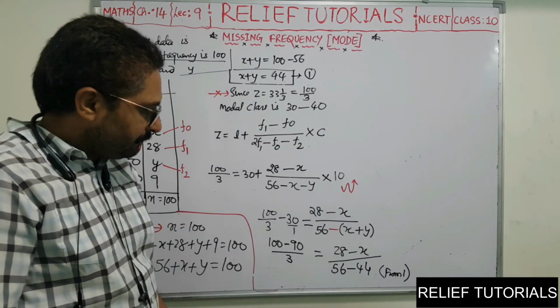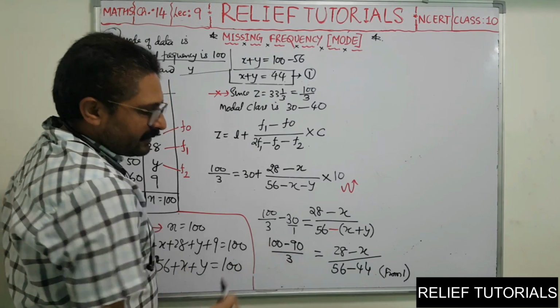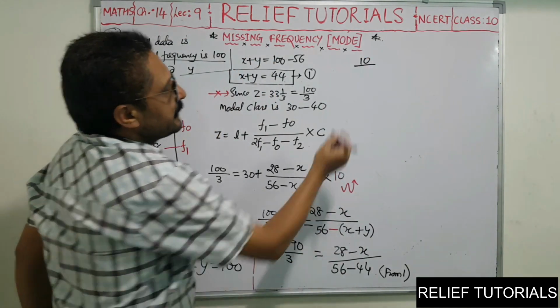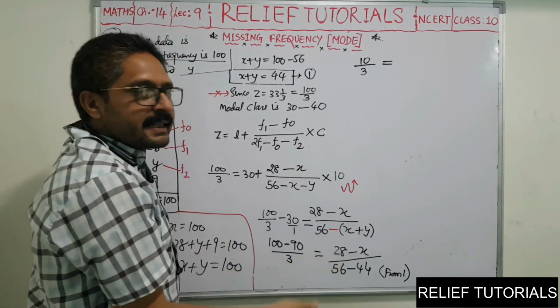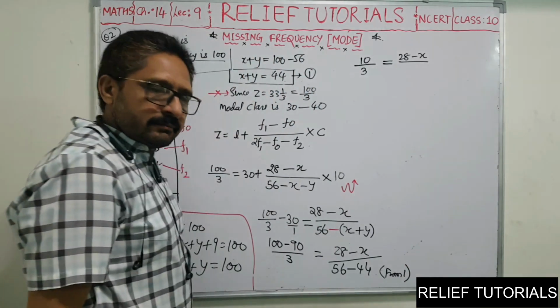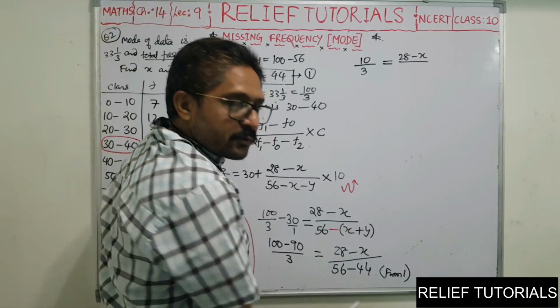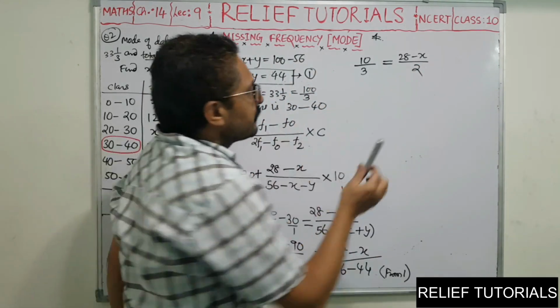Is it clear? Now 100 minus 90, we will get 10 upon 3 is equal to 28 minus x upon 56 minus 44. 6 minus 4, 2. 5 minus 4, 1.